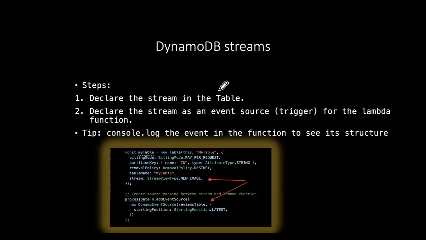So essentially tell DynamoDB, maintain a stream of state change events for a particular table. You do that at the table level. Secondly, declare that stream as the event source or the trigger for a Lambda function. So it's typical stuff, really.